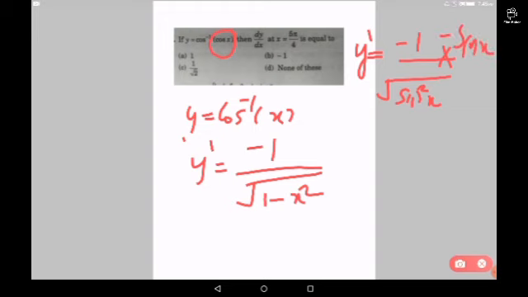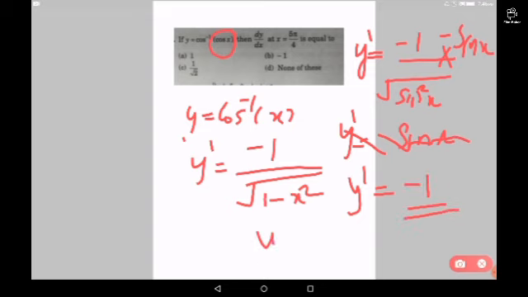So this will be the answer. y dash is equal to sin x divided by sin x, so we will get y dash is equal to minus 1. So y dash at 5 pi by 4 will also be equal to minus 1. Okay, so y dash will be equal to minus 1 at x is equal to 5 pi by 4. Clear?